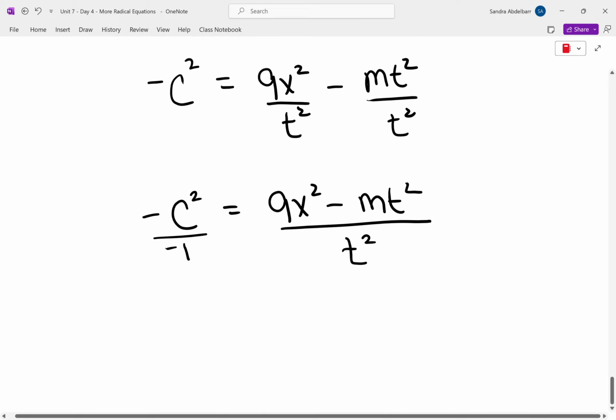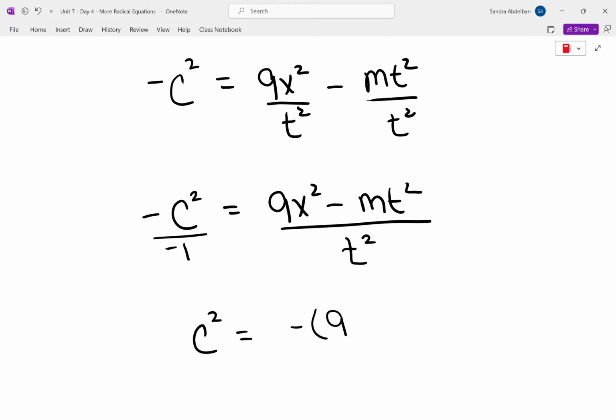We're now going to divide by negative 1. So we're going to have c squared equals the negation of 9x squared minus mt squared all over t squared.